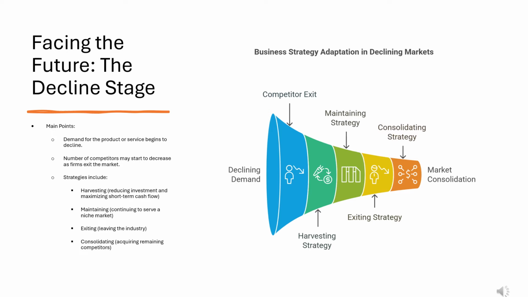Firms in this stage face strategic choices such as harvesting, which involves reduced investment to maximize short-term cash flow, maintaining, which focuses on serving a profitable niche segment, exiting the industry entirely, or consolidating, which involves acquiring remaining competitors to gain market share.